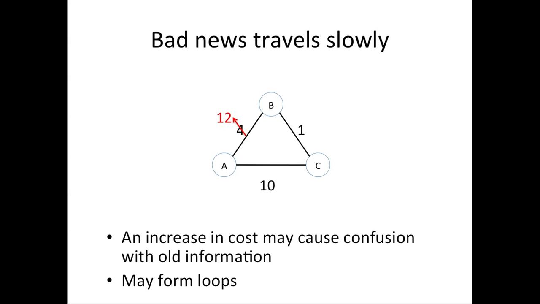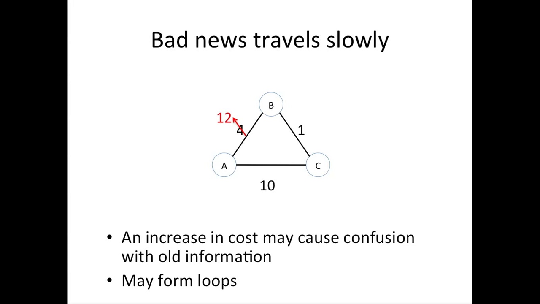But bad news can travel slowly. And we already looked at an example of bad news in the previous slide, right? So there is no need to get terribly confused here. So what are examples of bad news? A link going down or a node's cost increase.